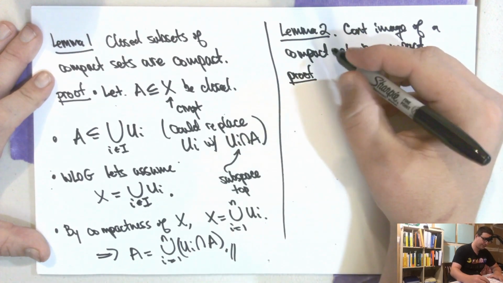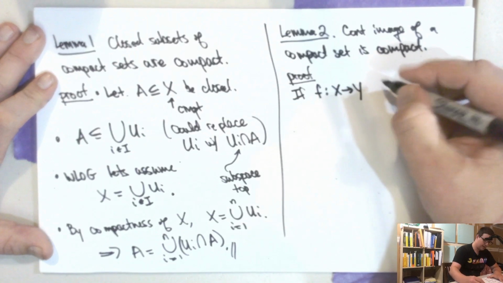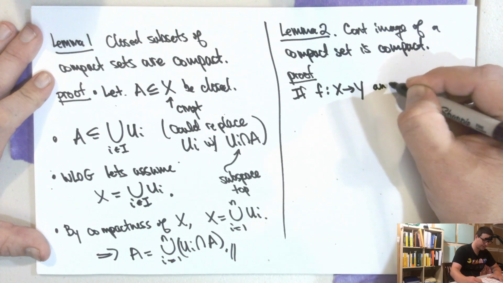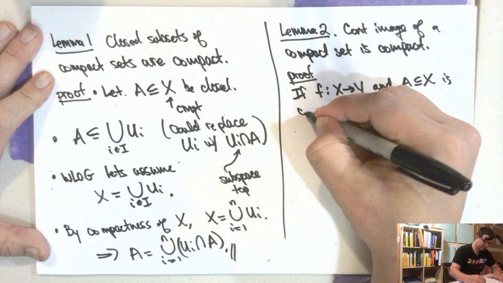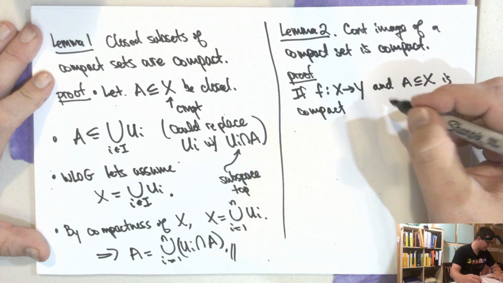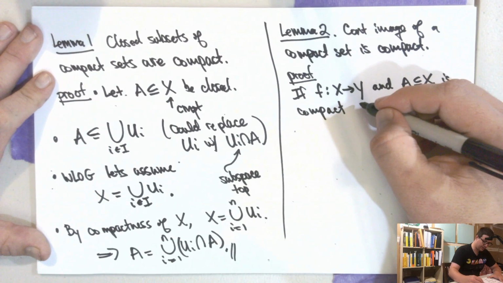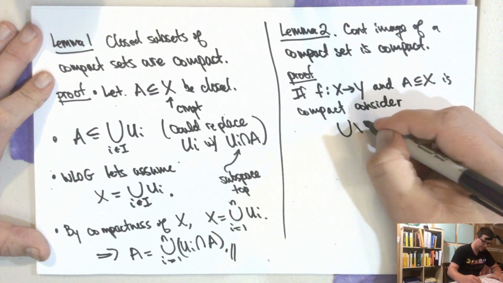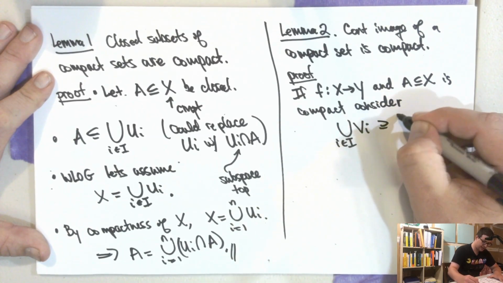All right, so if f from X to Y is a continuous map, so a morphism in the category of topological spaces, and A here is compact. So what we're going to do is cover the image. Consider a union of open sets in the target that contain this thing.